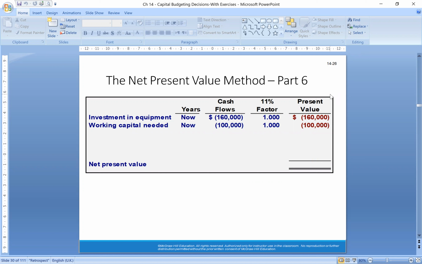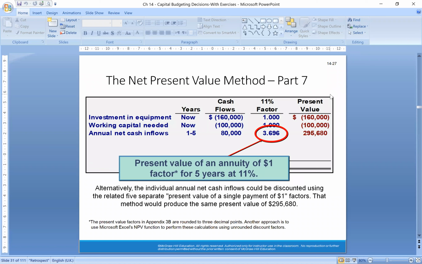Now, the net present value for the project is calculated as follows. The investment in the equipment, which is $160,000, required today. So the factor will be what? Maybe this is the tricky point for the calculations for the present value. Look at the table, please.